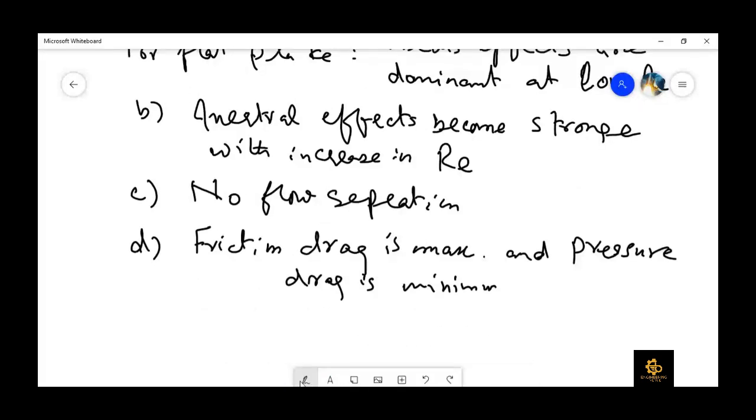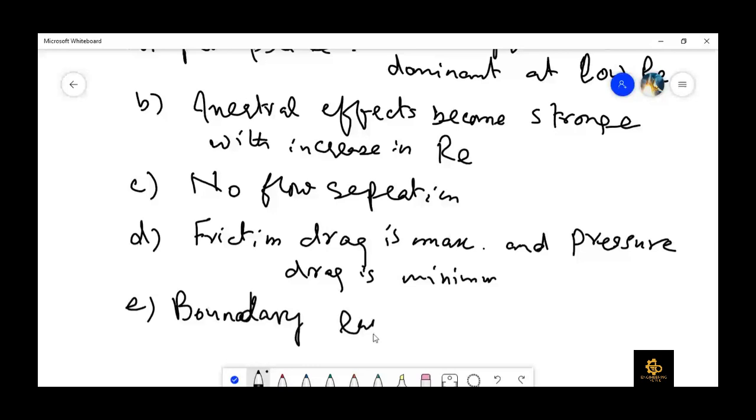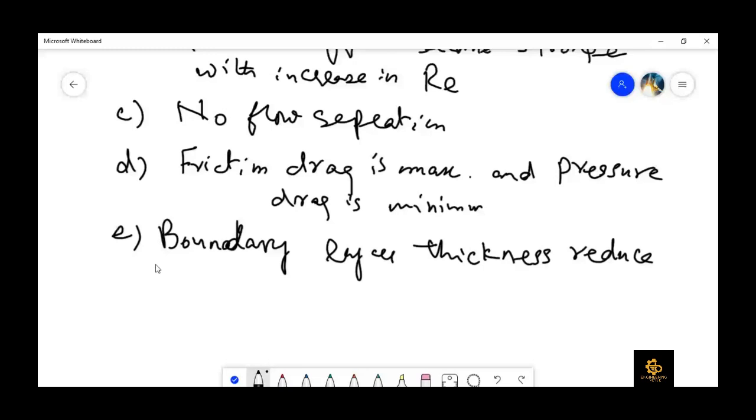And then the last point we can say here is that boundary layer thickness reduces with increase in Reynolds number. Right. So these are the five conclusions which we have seen from the figure which I have discussed in detail, which was the first figure we discussed in detail.